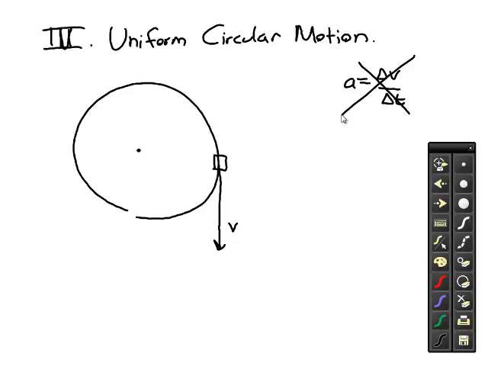What we did last year is we looked at it at 2 different points and said, okay, this velocity is changing, and the angle between this velocity and this velocity is the same as the angle between these 2 radii. And we set up similar triangles. And in the end, we found out that the magnitude of the acceleration is v squared over r.